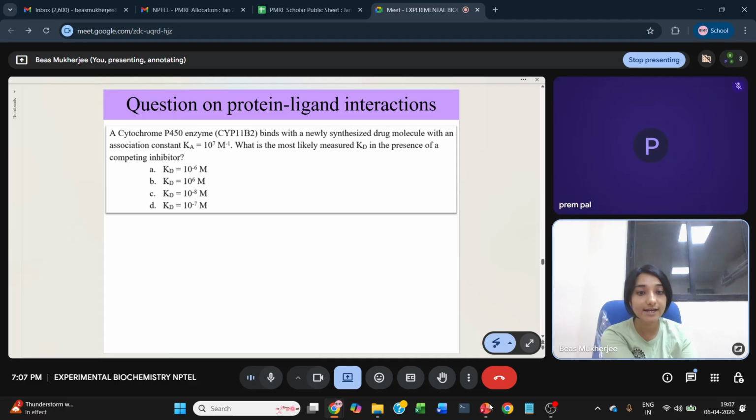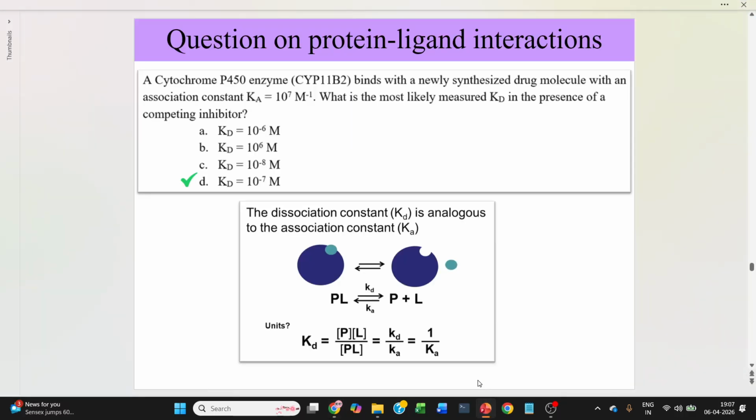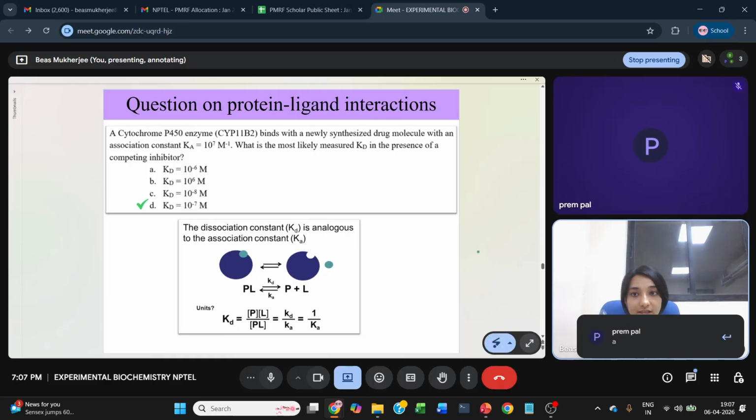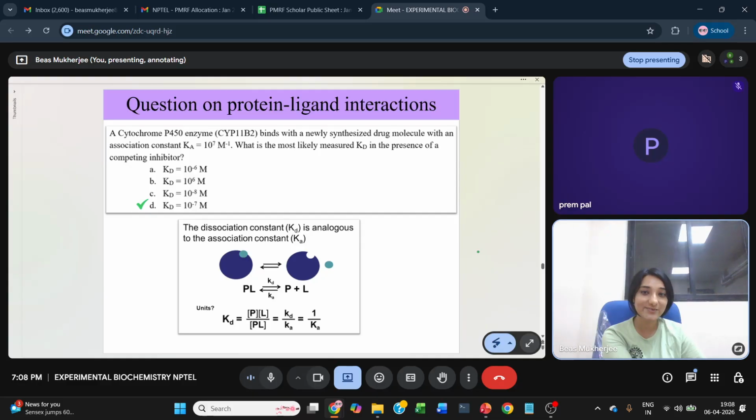What is less than that in this question? 10 to the power minus 6 is more than 10 to the power minus 7, right? 10 to the power minus 8 is even lower.